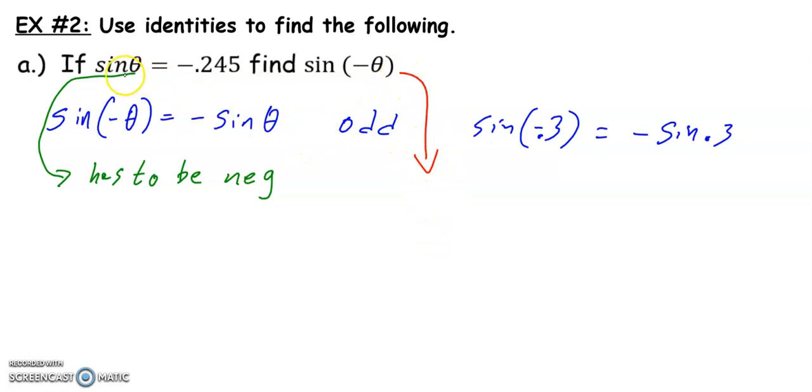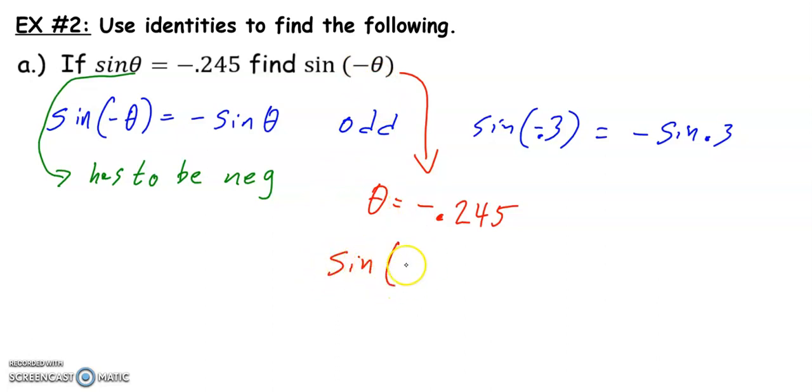Well, we already know sine of theta is a negative number. That means theta has to equal a negative number, and what negative value? It's going to be negative 0.245. So we know theta is negative. So I'm going to plug negative theta into this sine function.